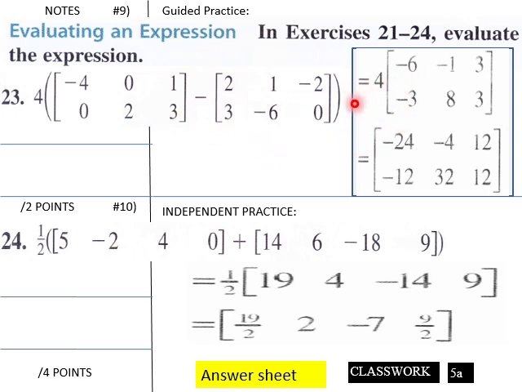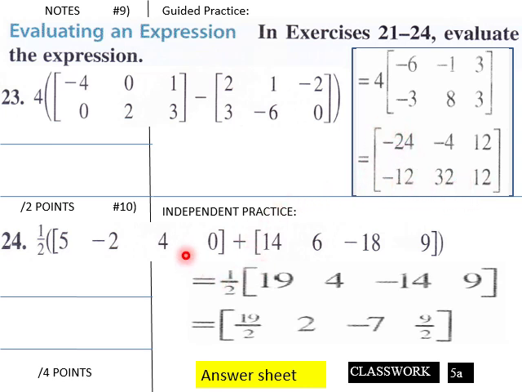So we have 4 times, first, remember our order of operations, negative 4 minus, all these starts, we have a sign change over here in this bracket. 4 minus negative 4 minus 2 will give us negative 6, then negative 1, and then 1 and positive 3 will be 3, and so on. So we have 4 times this now. We do our subtraction first, and then we multiply these out by 4, and then we end up with this 2 by 3 matrix here.